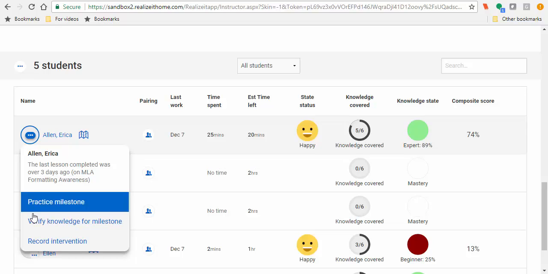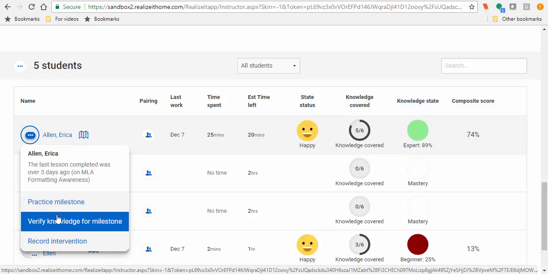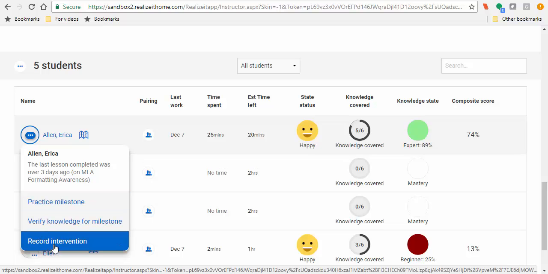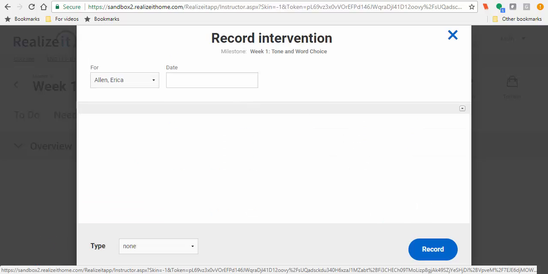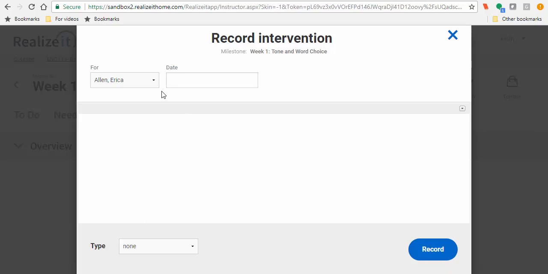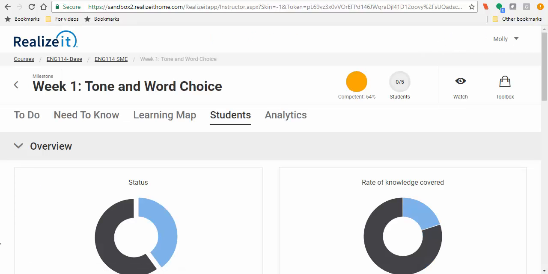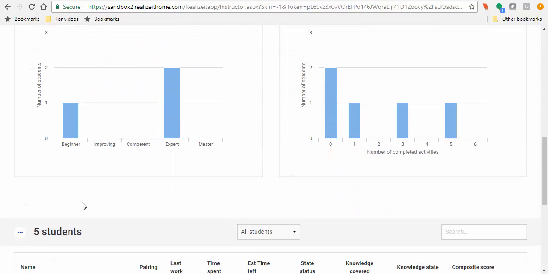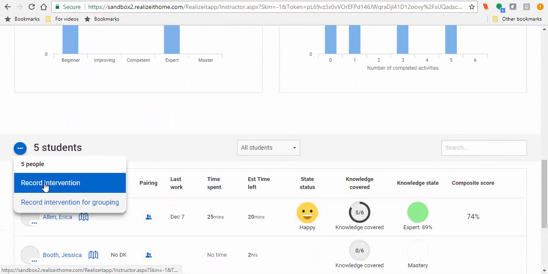So you can tell them to practice something, to verify knowledge, or you can record an intervention. Interventions often can be when you instruct a student to do something that will assist them. Reach out for tutoring. When you provide further class instruction. This is something that lives within the student, so you always have that opportunity to click on the More.